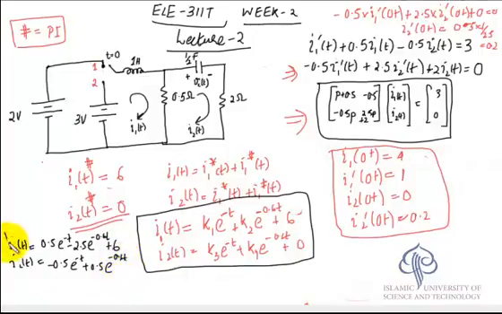So these are the two mesh equations for t greater than 0, and the problem is solved.